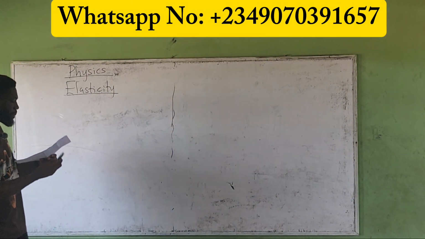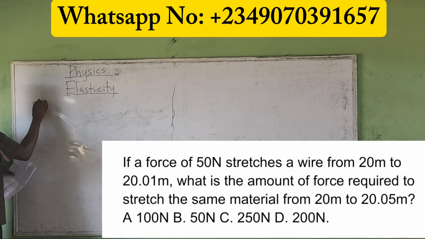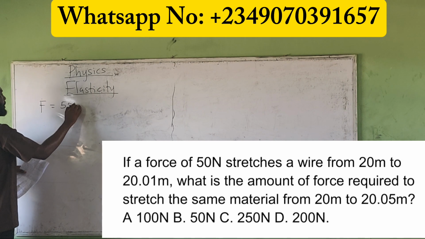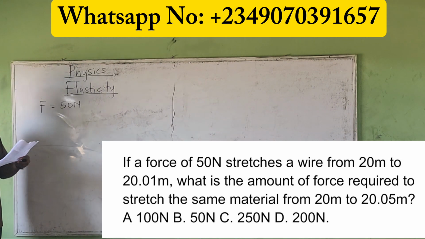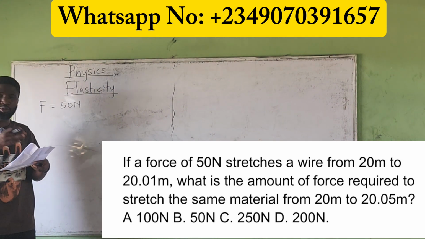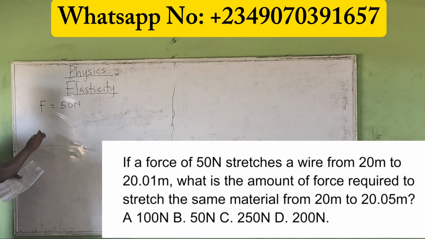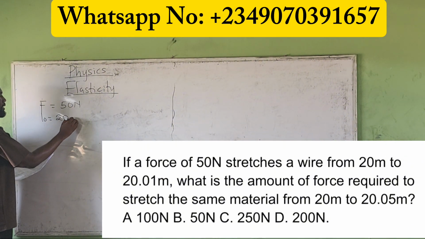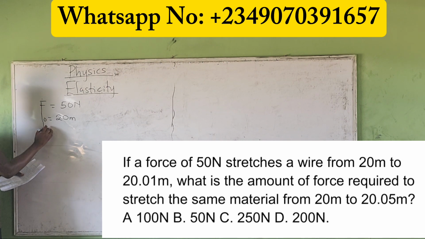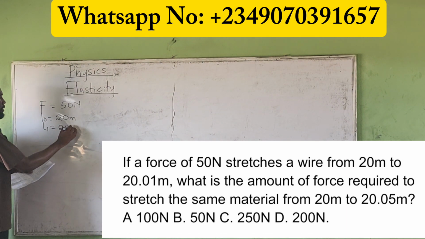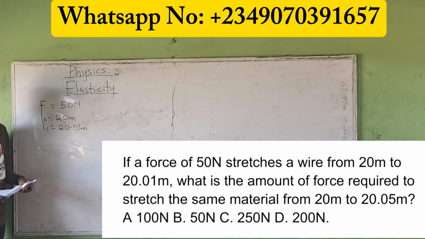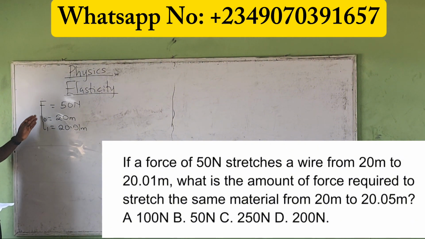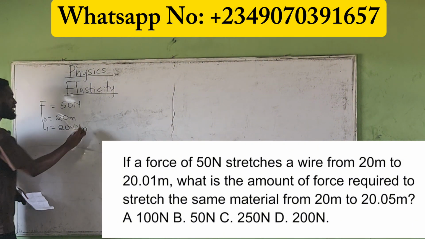It says if a force of 50 newtons stretches a wire from 20 to 20.01. So what does that mean now? The original length is 20 meters, right? And then L1 is 20.01. So since this got extended from 20 to 20.01, you can easily get the extension.